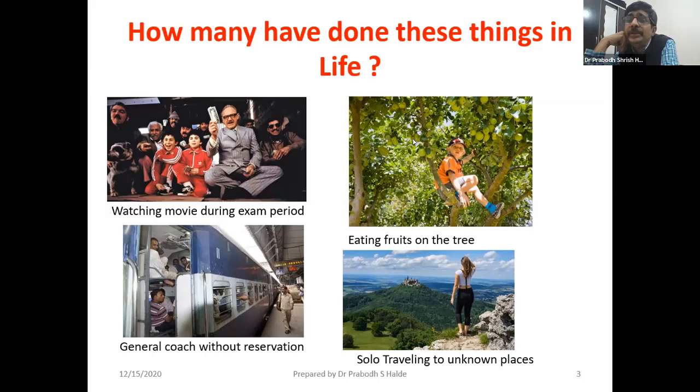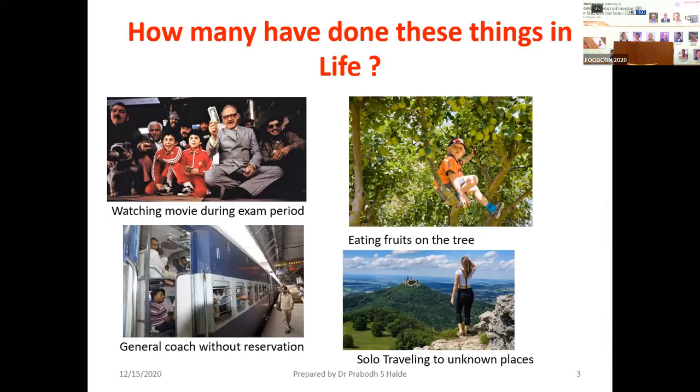How many of you have seen a movie one day prior to the exam? Put yes or no in the chat box. How many of you have traveled in a second class compartment without reservation? How many of you have stolen a mango from the neighbor's tree and eaten it?